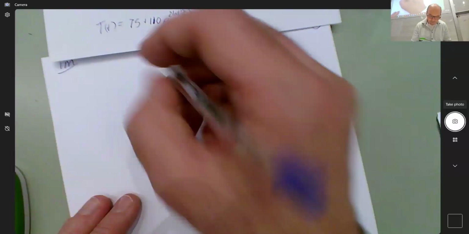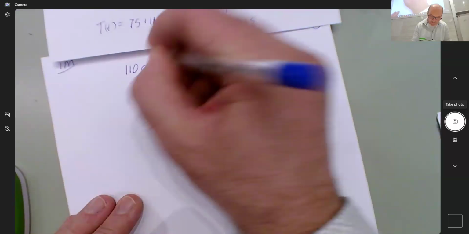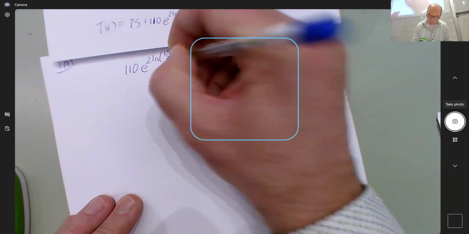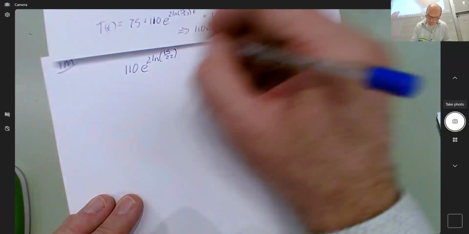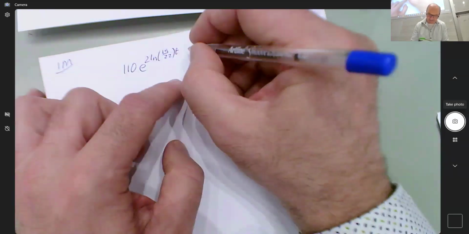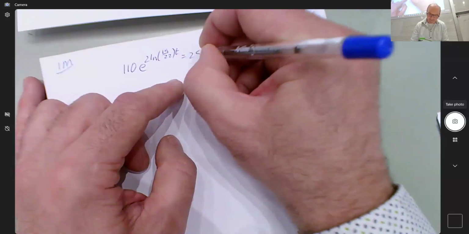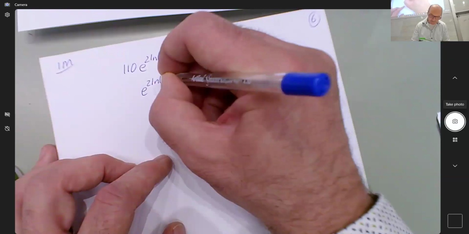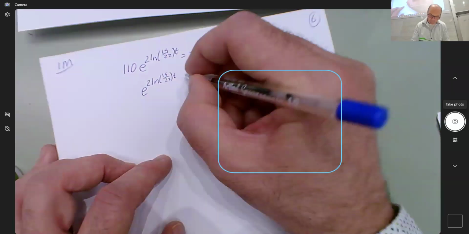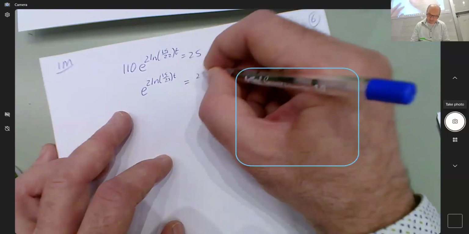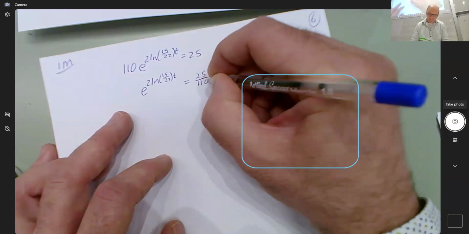Okay. So I've got 110 e to the 2 ln 15 on 22 times t is equal to 25. And so e to the 2 ln 15 on 22 t is equal to 25 on 110.